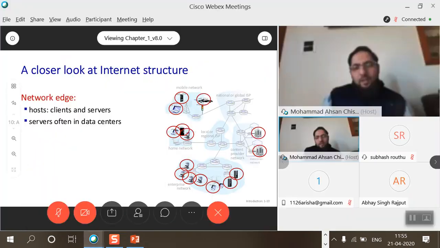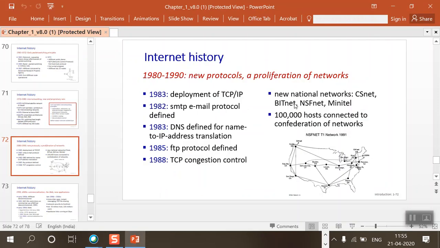Based on the transmission control protocol and internet protocol, this is the present internet that we see, which was given in the 80s. Also, the protocols related to email came into existence in the 80s, which we presently know as SMTP, Simple Mail Transfer Protocol. DNS, FTP, TCP, all are from the 80s.